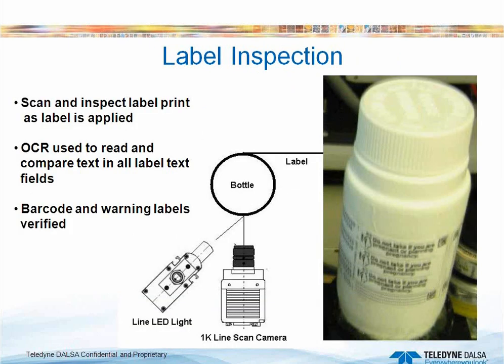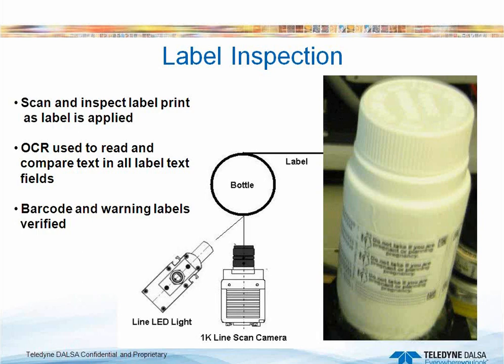On the label inspection, we're scanning a printed label as it was applied to a container or a bottle. We use OCR to read and compare all the text strings and also some warning labels, and there was a barcode.